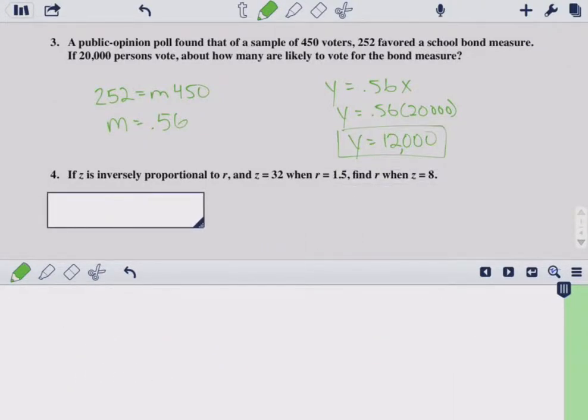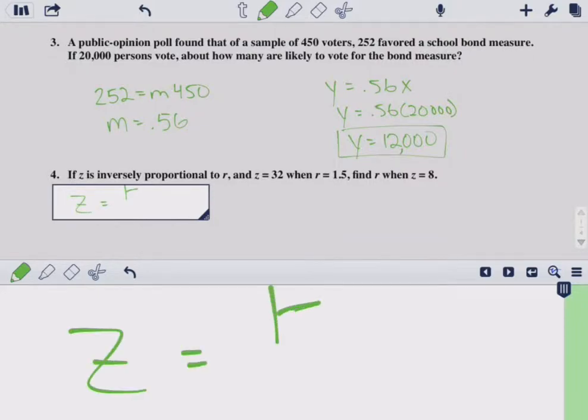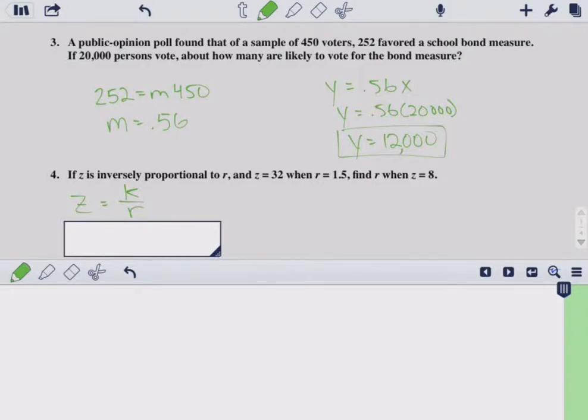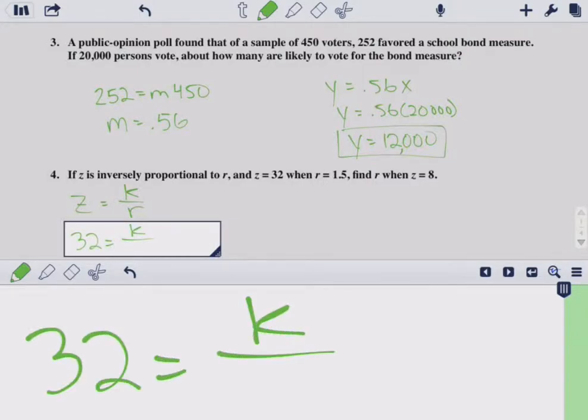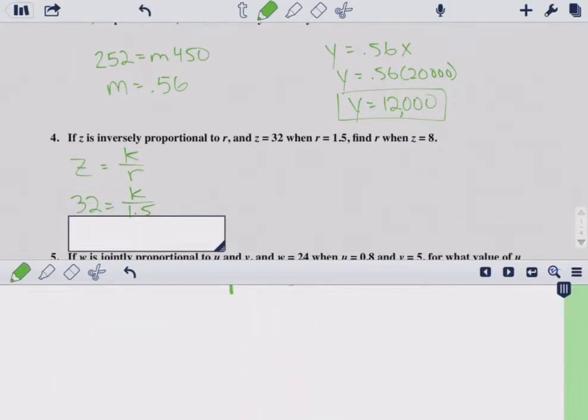Okay. Moving on from direct variation, now we've got inverse. Z is inversely proportional to R. That means division, so Z is equal to k over R. So I've got Z is equal to 32 when R is equal to 1.5. And so that's 32 times 1.5, and that makes k equal to 48.